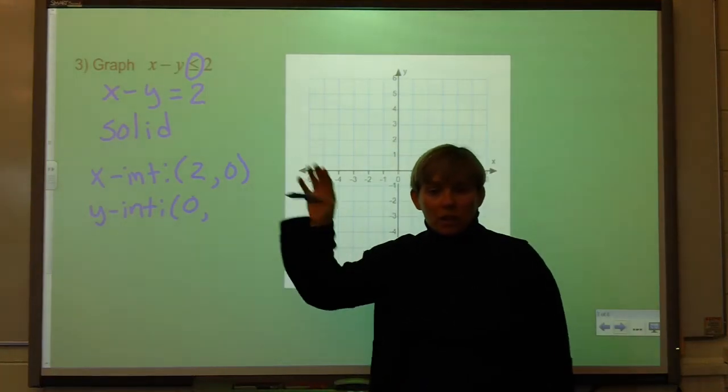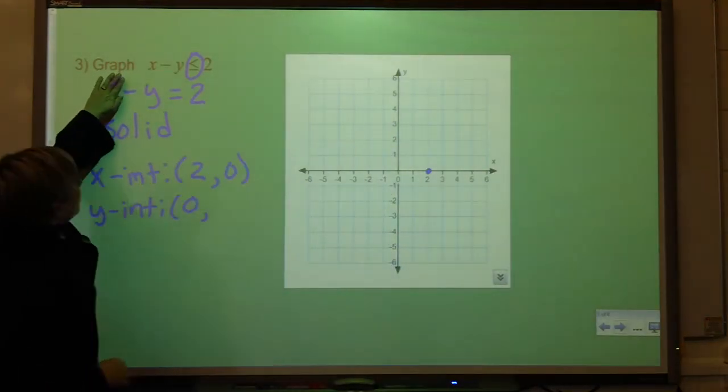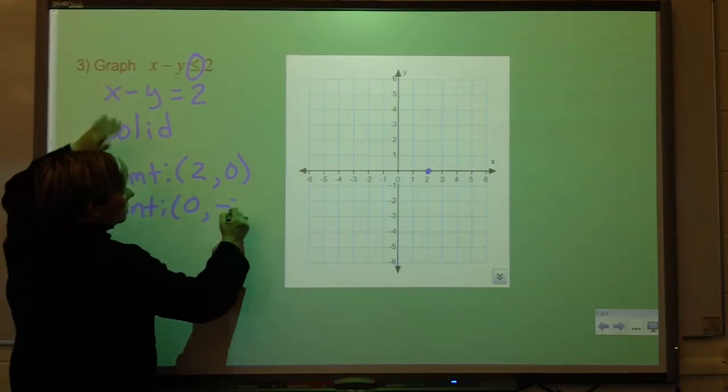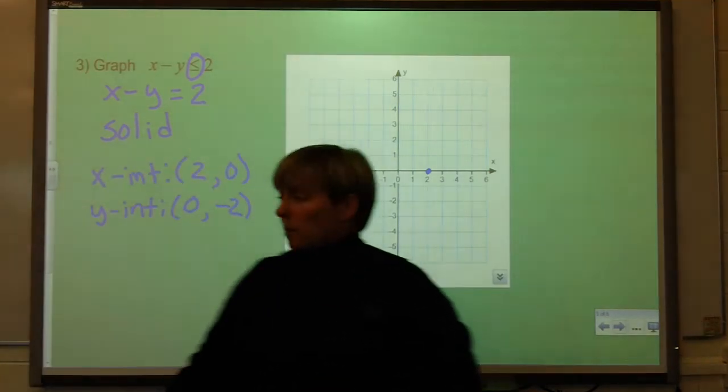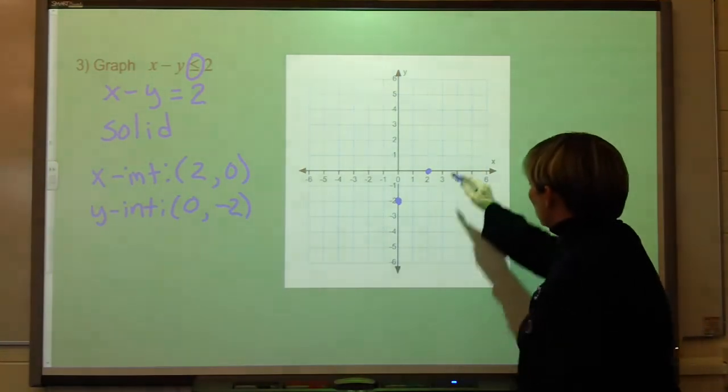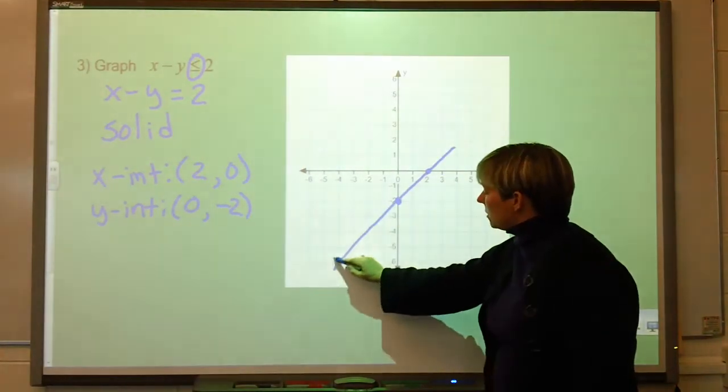And if I plug 0 into my equation, I have -y equals 2. I don't want -y, though, I want y. So y is going to have to be equal to -2. Then I'm going to graph that point. We do have a solid line, so I'm going to draw a solid line through those 2 points.